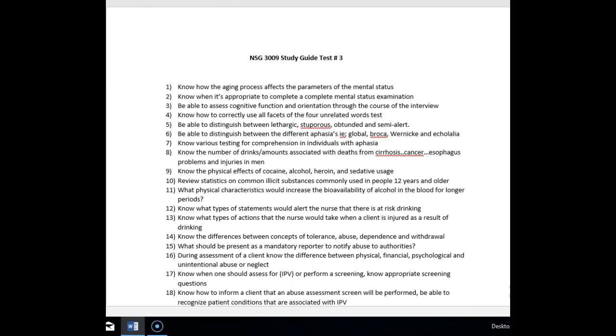What physical characteristics would increase the bioavailability of alcohol in the blood for a longer period of time?